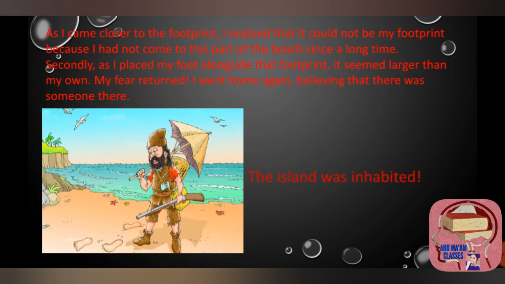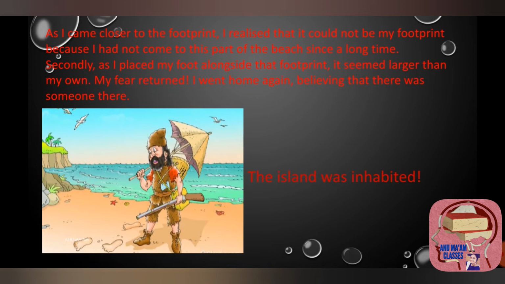So he decided to go to that place again. When he went to the shore near the footprint, he realized that the footprint was bigger than his, so it could not be his.